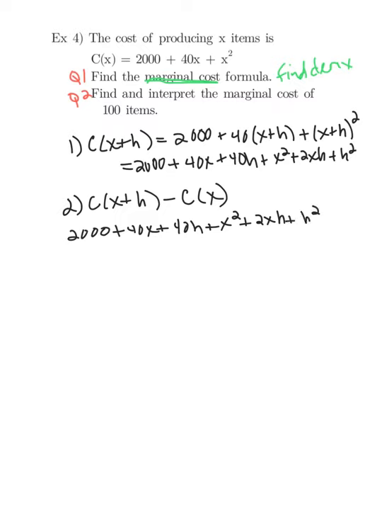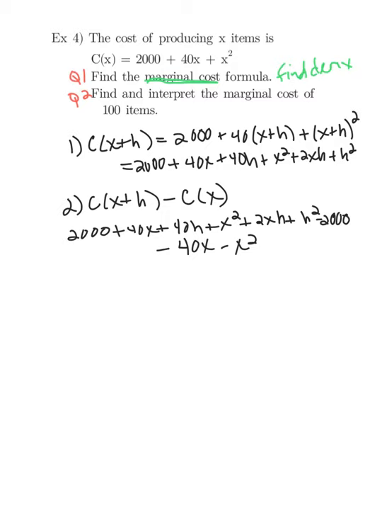Now we have to subtract the original function. If you subtract all those terms, you're going to change the sign of every term. So it will become minus 2,000 minus 40x minus x squared.